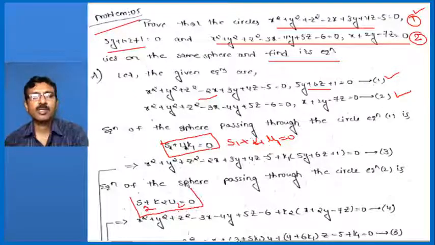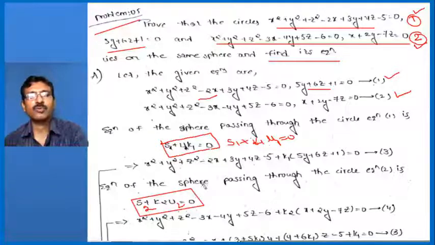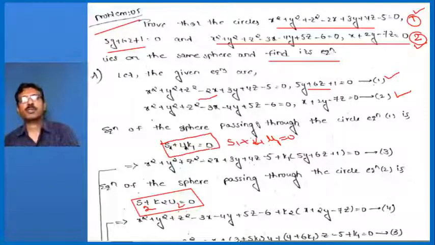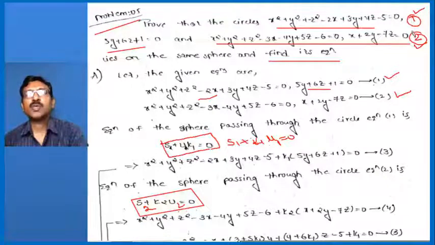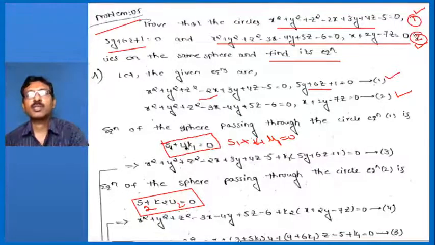I write the second sphere passing through the second circle, that is S2 plus K2 U2 equal to 0. These are two spheres passing through the given two circles. So our question is, whether these two spheres coincide, whether these two spheres are the same.